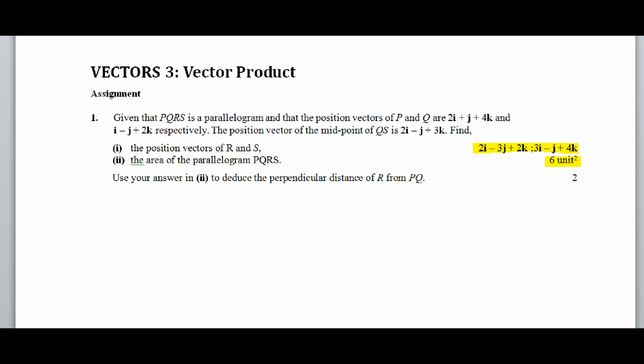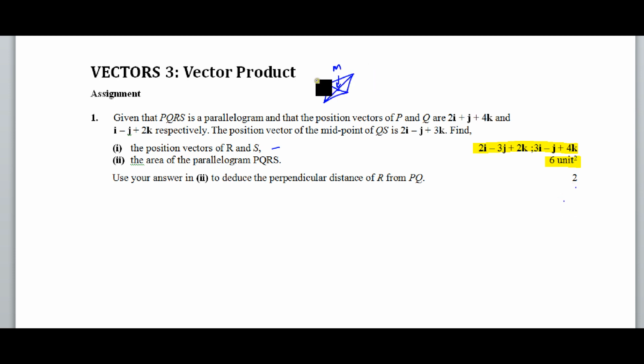I'm just going to give you the answers because this one is just using formula. Just use formula. This one you just use that the midpoints bisect each other. Okay, so M is here, the midpoint.